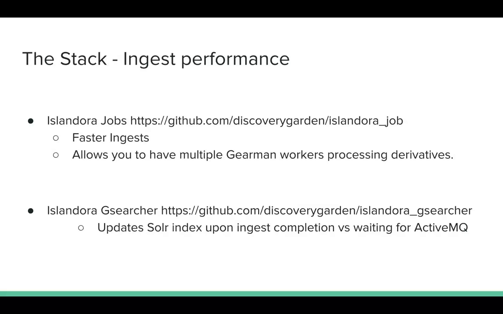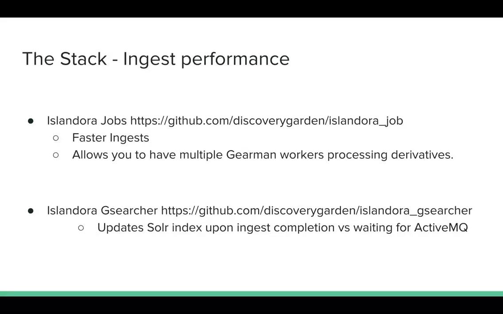Islandora G-Searcher. What this does is it's an actual way to update G-Search directly without having to rely upon ActiveMQ, which, as I mentioned earlier, is the JMS provider that comes wrapped up with Fedora. A lot of the times, as Adam mentioned earlier, normally when you ingest an object, within 30 seconds, it should be in your Solr index.